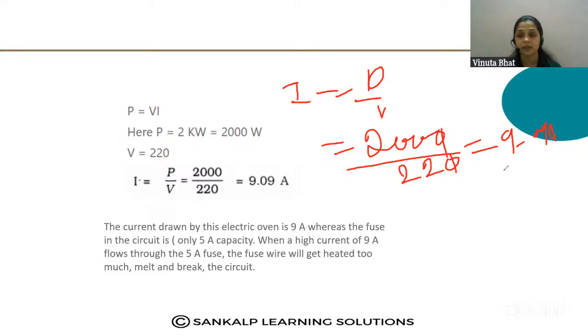So the electric oven draws 9 ampere current, but the capacity is only 5 ampere.